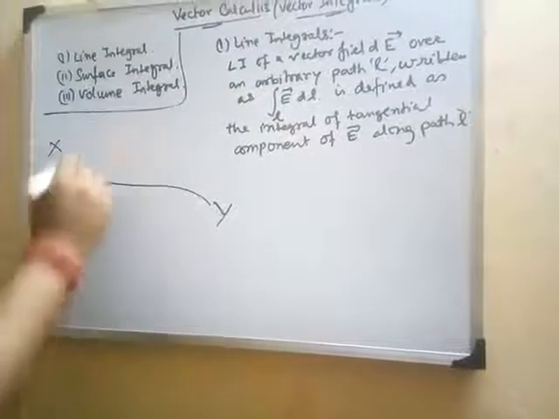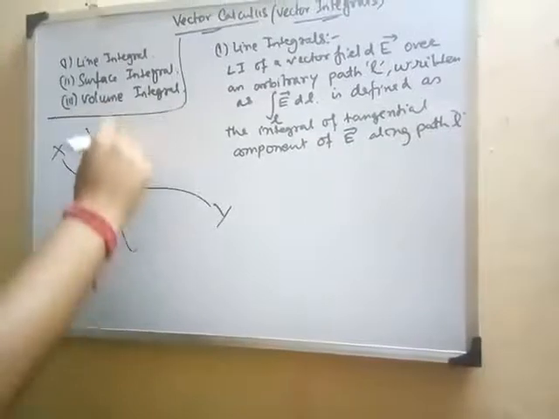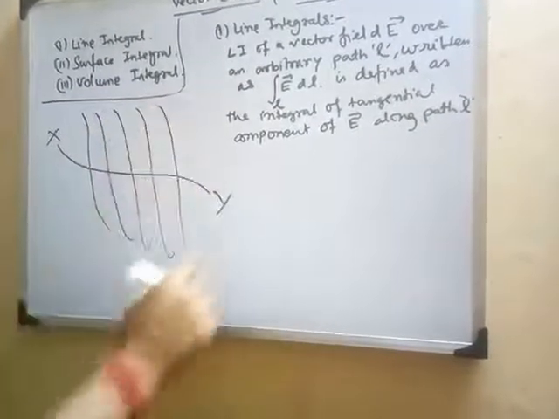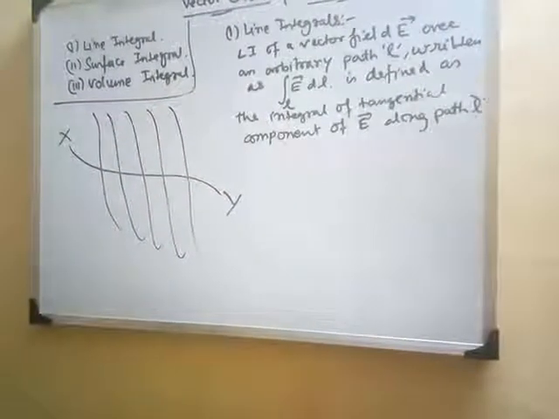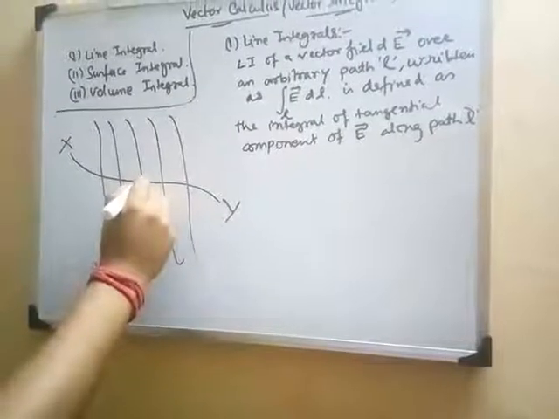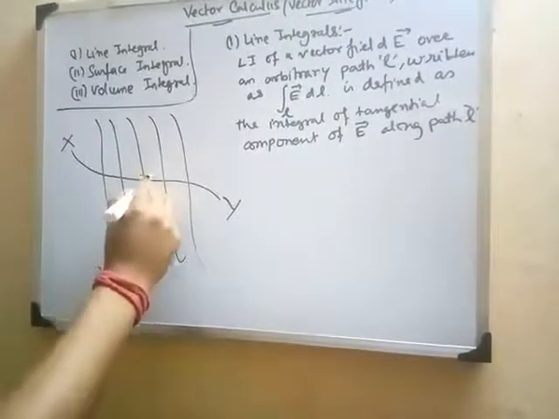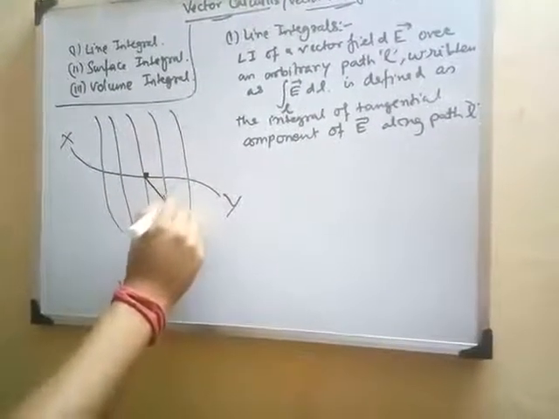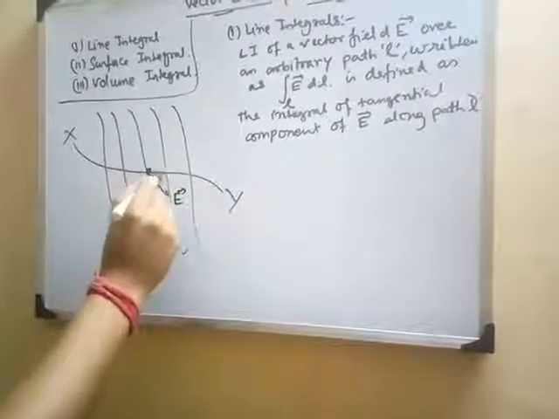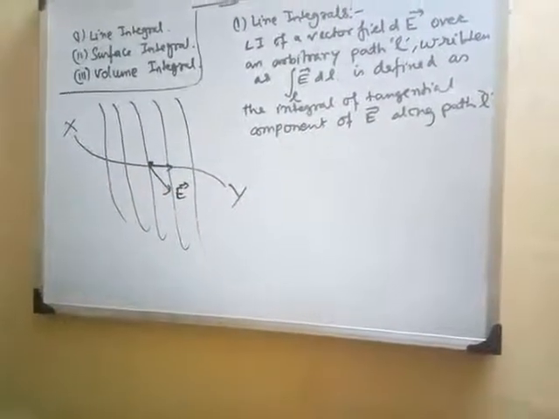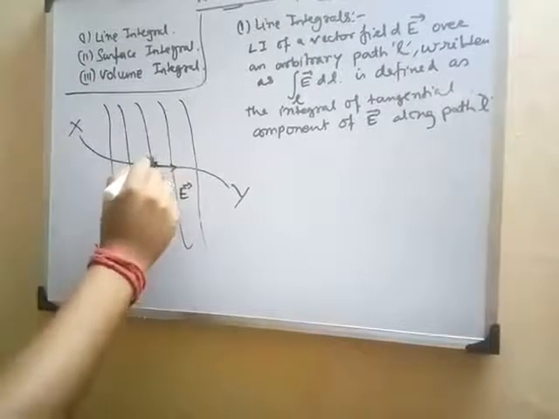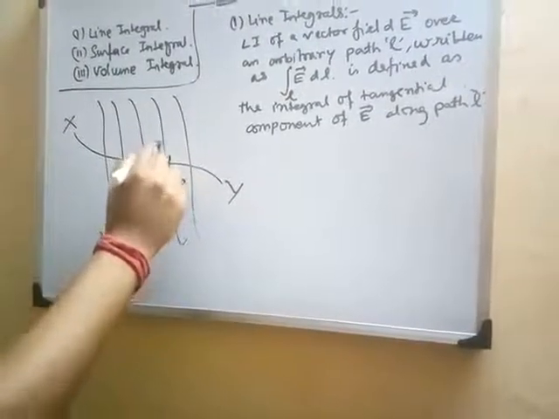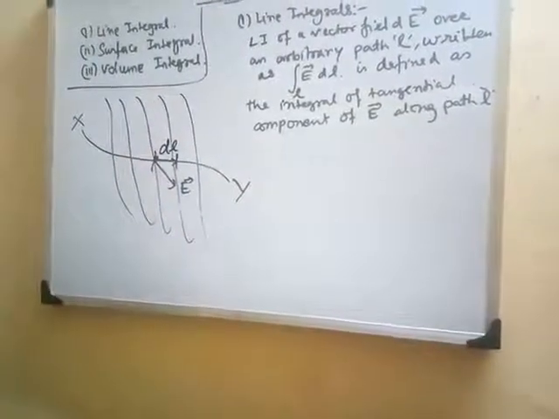So suppose there are electric lines of force or magnetic lines of force incident over this line. From any point, suppose this point, the vector E is here, and this is the direction of the line. We represent this small section as an infinitesimal section dl.